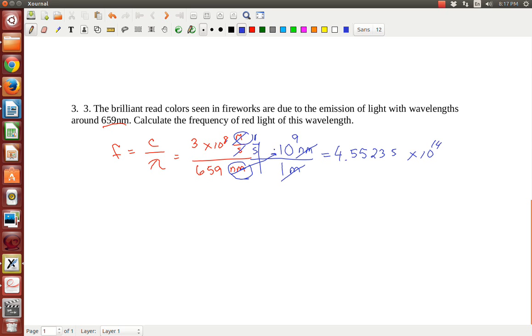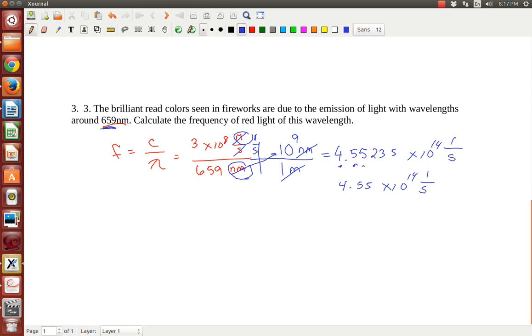And the only unit I didn't cancel is 1 over seconds. Okay, significant figures. I need 3 significant figures because that's the only value given within the problem. So 1, 2, 3, 4.55 times 10 to the 14th, 1 over seconds or hertz.